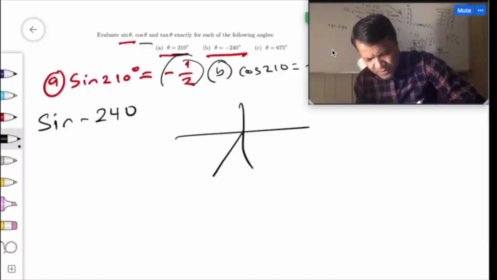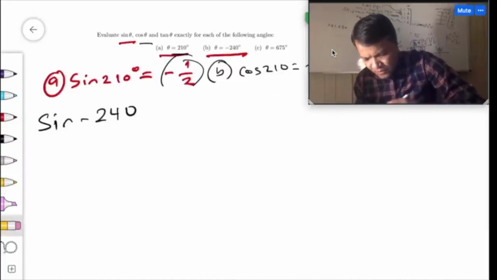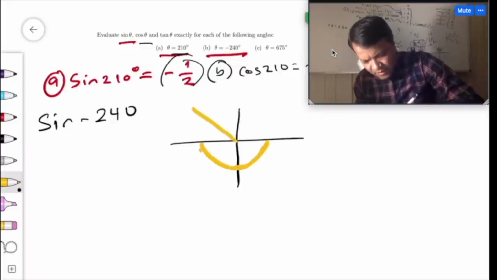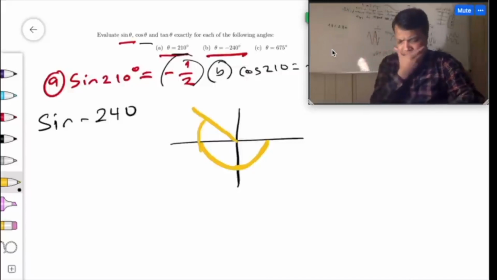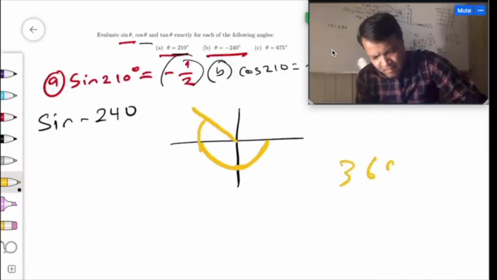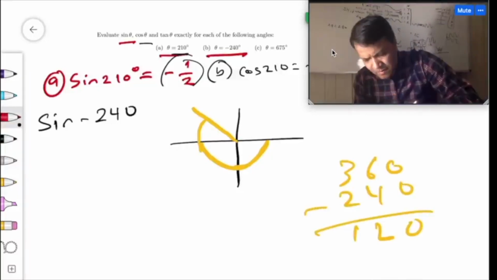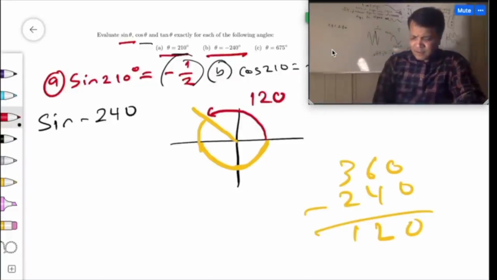But be careful, it's negative 240, so we have to come from the opposite direction. This is negative 90, this is negative 180, this is negative 240. So between 360 and 240, this is 120.